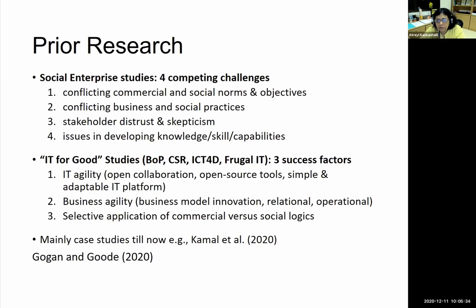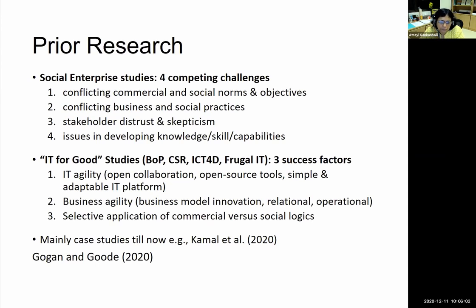Due to these dual objectives, people don't necessarily have the same kind of trust that they have, for example, in NGOs or NPOs. The last one is, I would say, not so unique to social enterprises. The issues of developing knowledge and capabilities also apply to small enterprises as well.